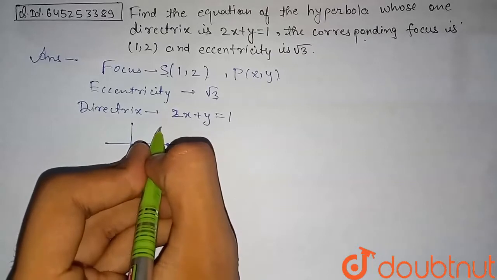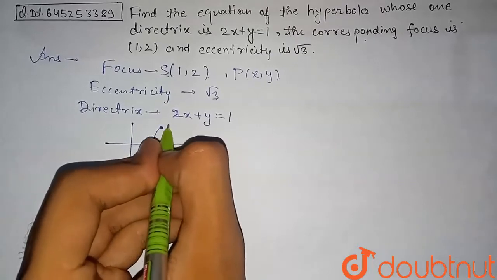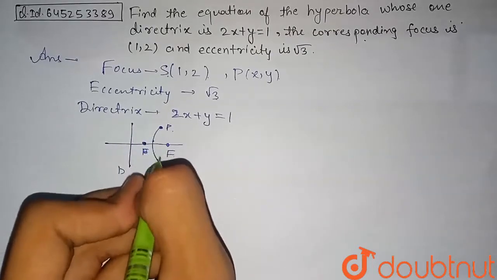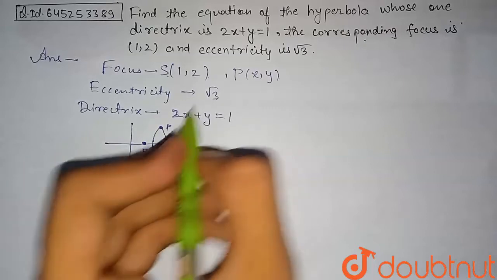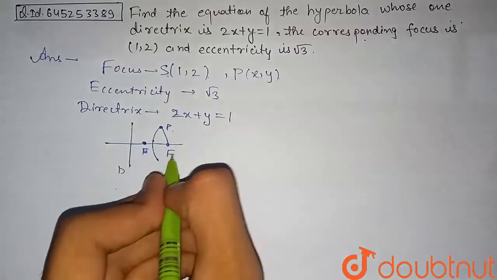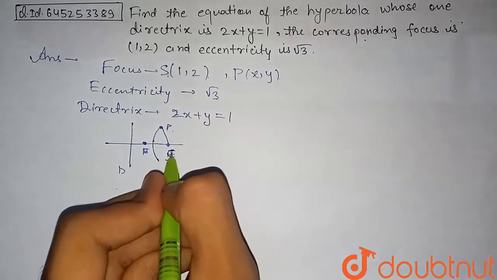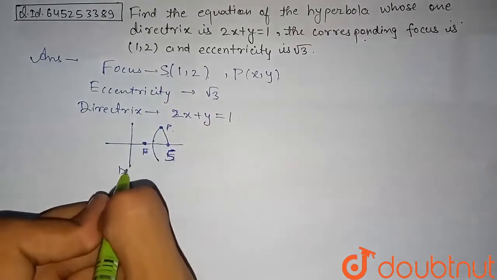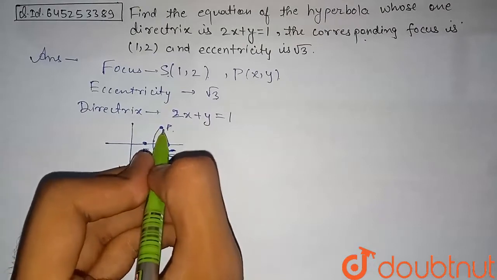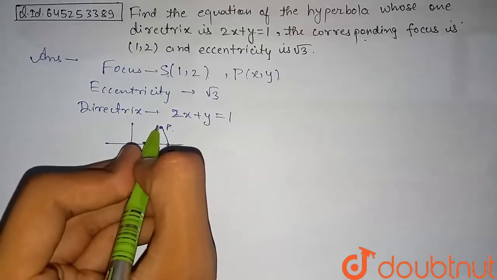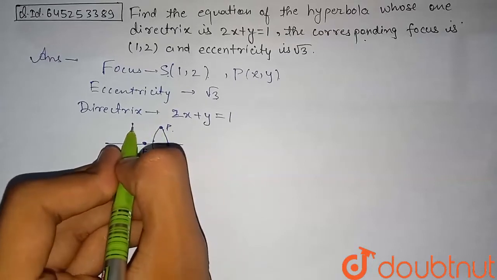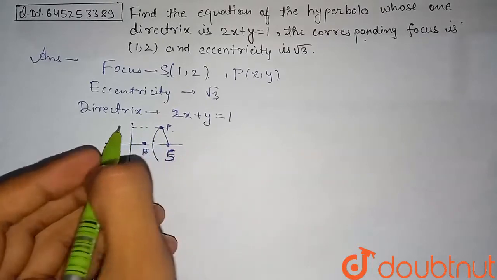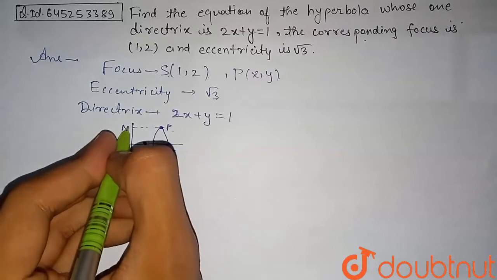Any point on the hyperbola, let this be our point P. Since we have named this focus S, this focus is S and this directrix is D, and P is any point on the hyperbola. If we join P to the directrix by a perpendicular line, let's name the foot of the perpendicular M.